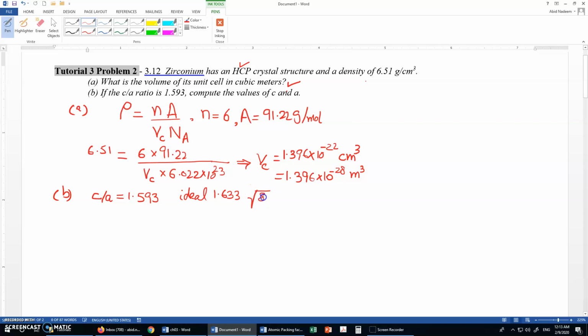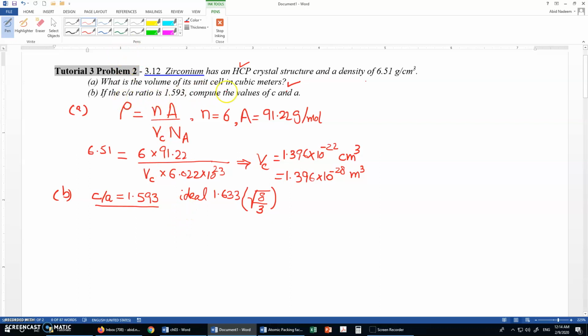Which in exact terms is equal to the square root of 8 over 3. But anyway, we have to use the value 1.593.